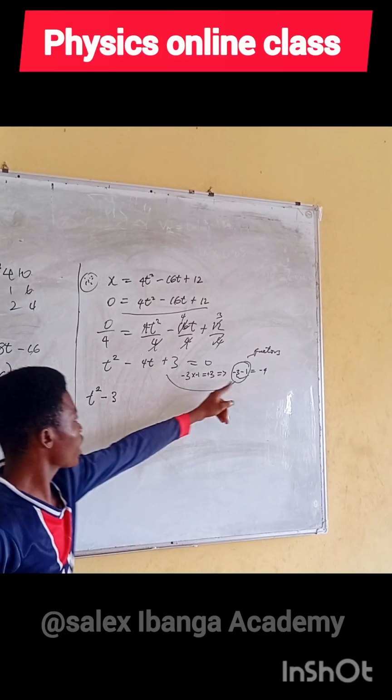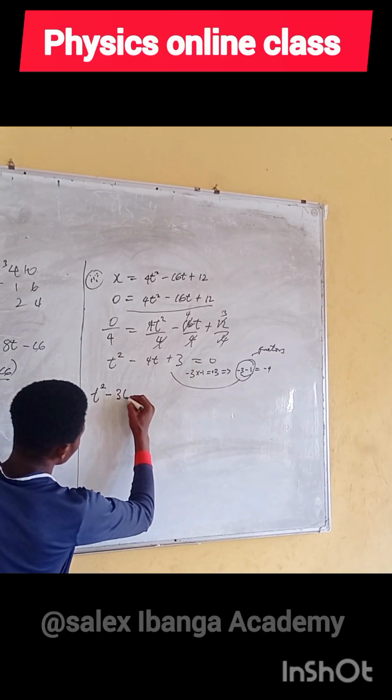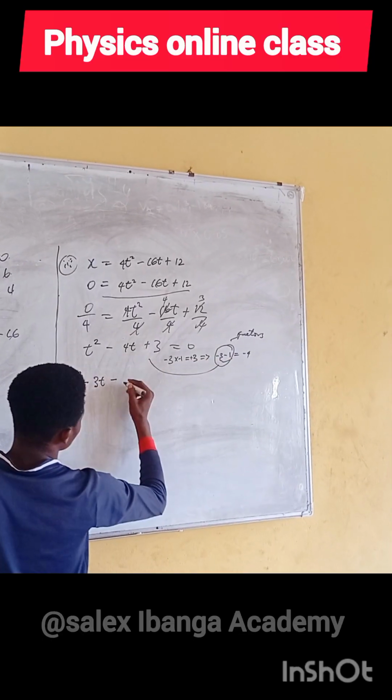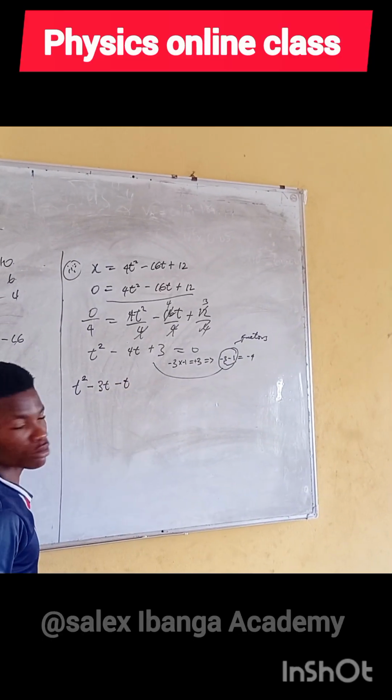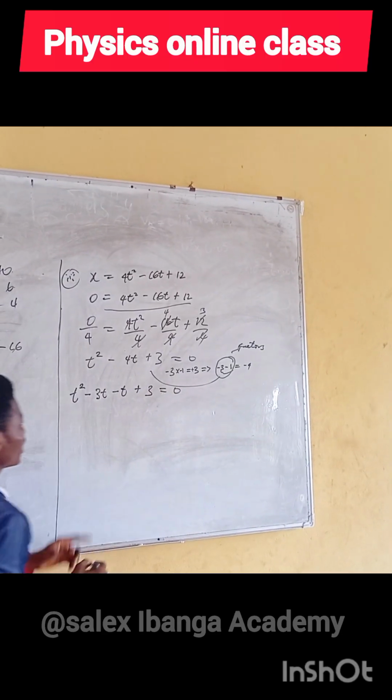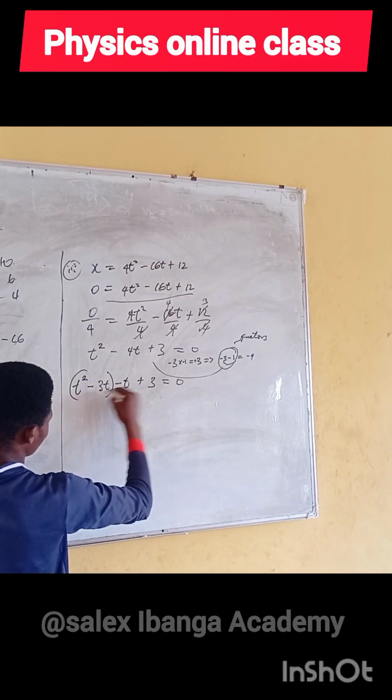Minus 3 times t gives minus 3t, and minus 1 times t gives minus t. Then plus 3 equals 0. I can introduce my brackets.